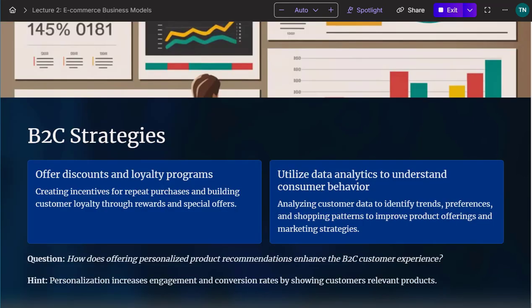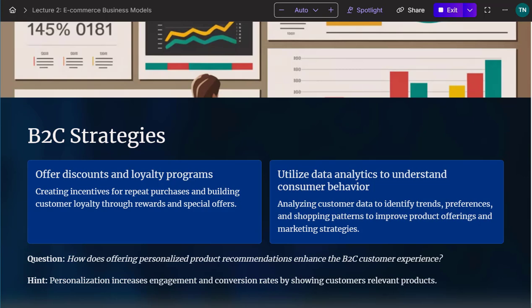B2C strategies: offering discounts and loyalty programs is a key strategy for building customer loyalty and encouraging repeat business. Analyzing customer data through analytics can provide valuable insight into consumer behavior, preferences, and shopping patterns. This data can be used to improve product offerings and marketing strategy to better meet customer needs.